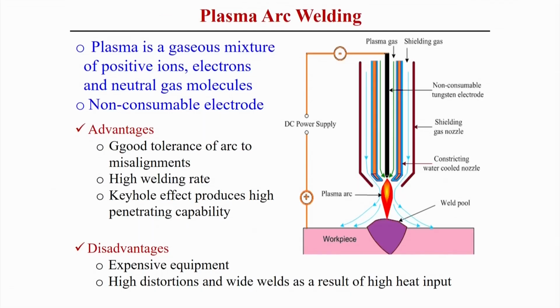So, what is the advantage of the plasma arc welding process with respect to the gas tungsten arc welding process? In general, the position of the electrode or torch of the plasma arc welding process can be designed in such a way that it can produce a very constricted arc as compared to the gas tungsten arc welding process. In gas tungsten arc welding, the arc is created between the workpiece and the tip of the electrode, so depending upon the tip of the electrode, the shape of the arc is mainly decided.